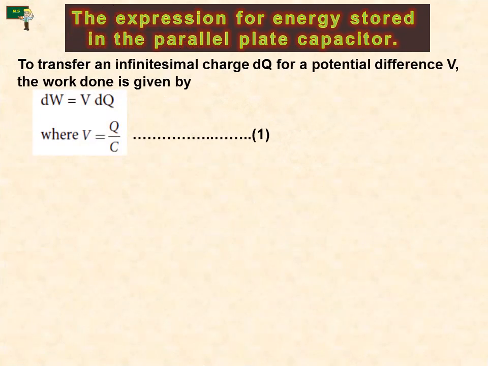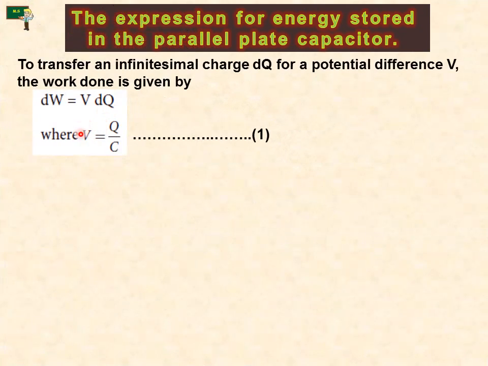Now, to transfer an infinitesimal charge dq for a potential difference V, the work done is given by dW equal to V dq.